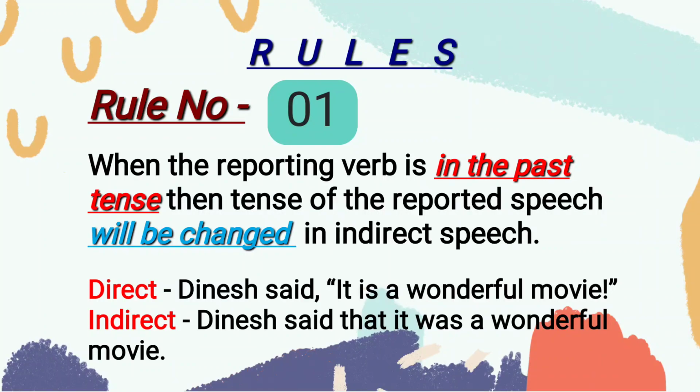In that case, the reporting verb is in past tense, said. So in that sentence we have to change the tense in the reported speech. So the indirect sentence will be: Dinesh said that it was a wonderful movie. In direct speech, there is simple present tense that we have changed into simple past. That is rule number one.